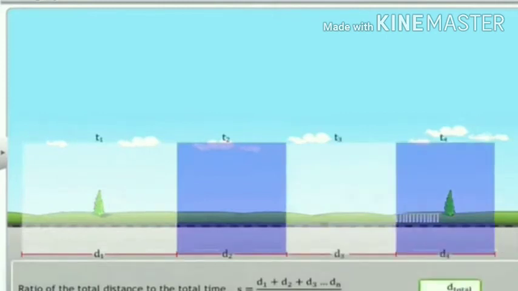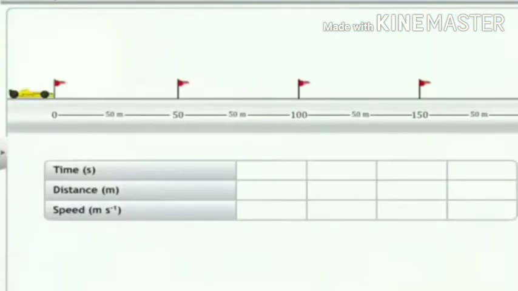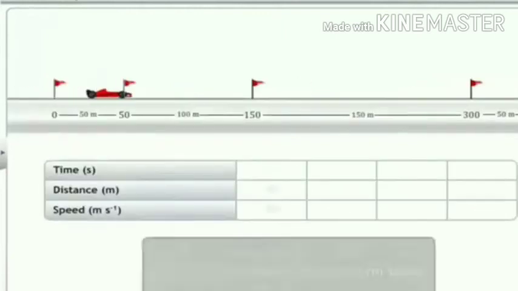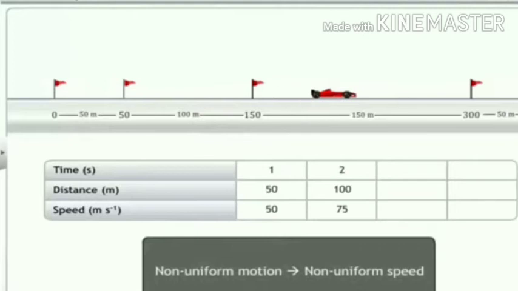Thus, from all these things you can see that the rate of change of distance is the speed. So when a car is covering equal distance in equal intervals of time, then it will have uniform motion in a straight line.